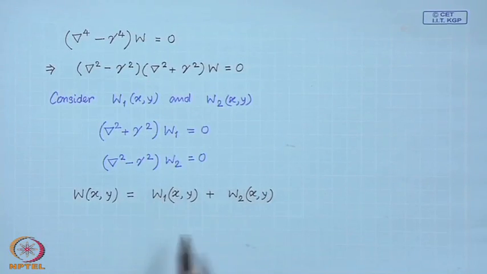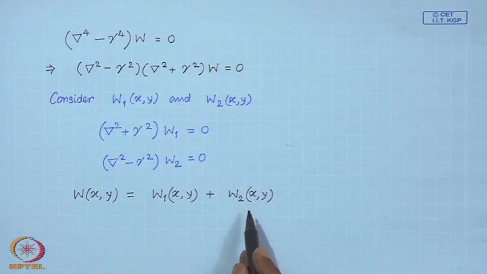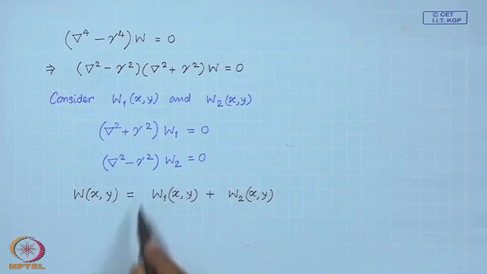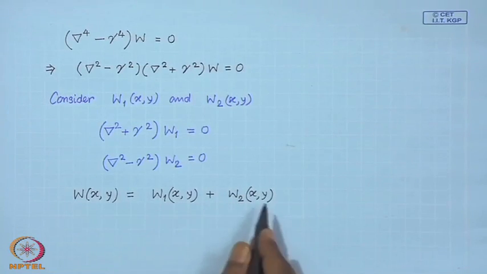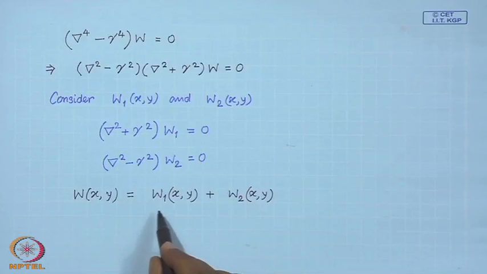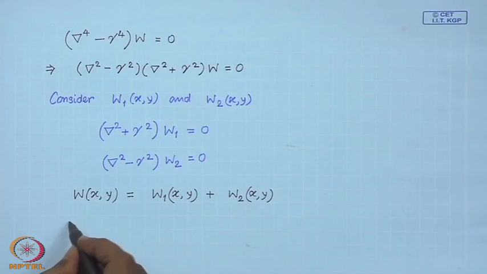Now, but it so happens, as we will discover very soon, that this is not the most general solution or structure that is possible. So, this solution is valid or good for a class of problems.